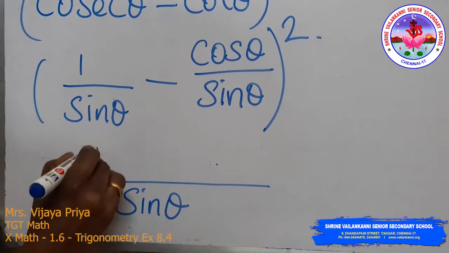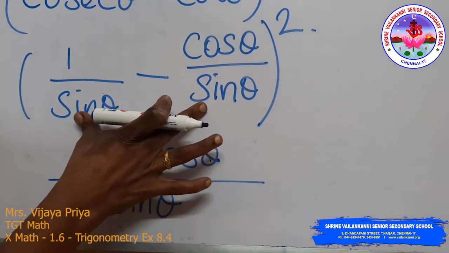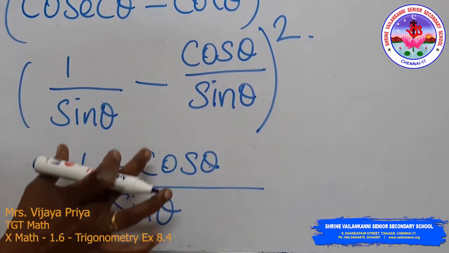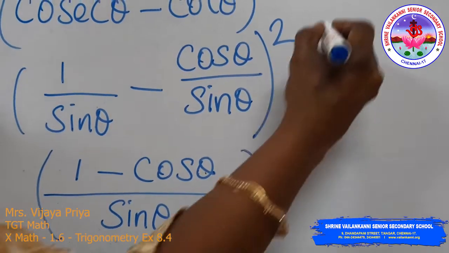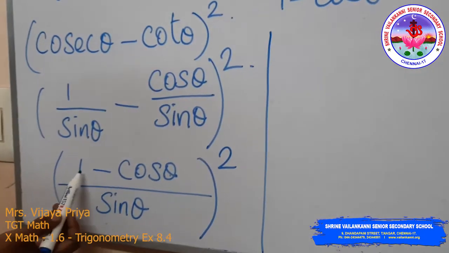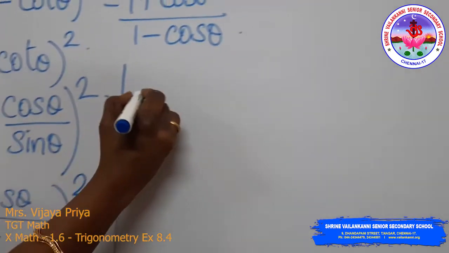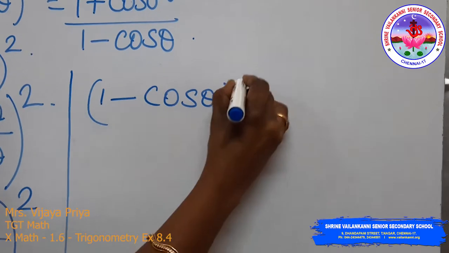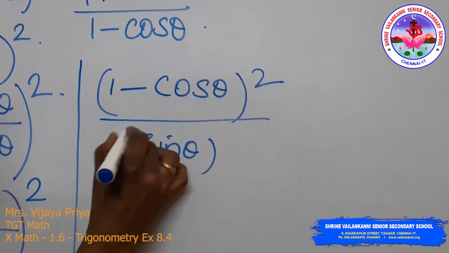So the numerator is 1 minus cos theta. Since the denominators are the same, we take the numerators with the subtraction sign as it is, the whole square. Now we are going to separate the numerator and the denominator. So we get 1 minus cos theta the whole square divided by sin theta the whole square.